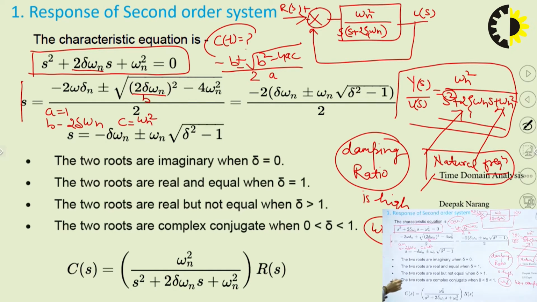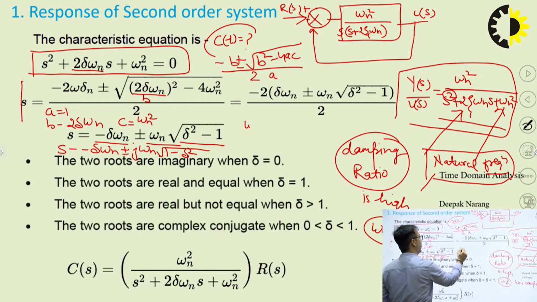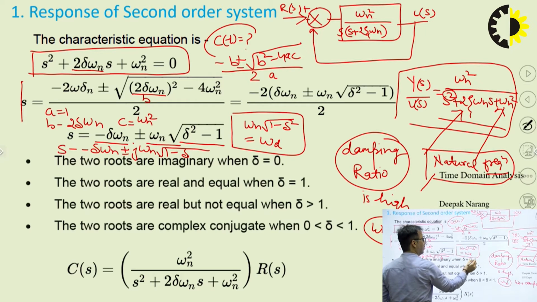Okay, so we get 2 roots, minus zeta omega n plus minus omega n square root of zeta square minus 1, which we can write as s is equal to minus zeta omega n plus minus j, which is the imaginary part, omega n square root of 1 minus zeta square, and we call this omega n square root of 1 minus zeta square the damped frequency. This is damped frequency.